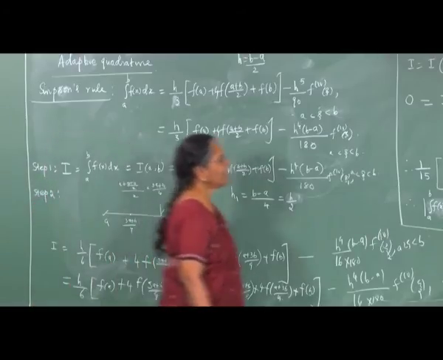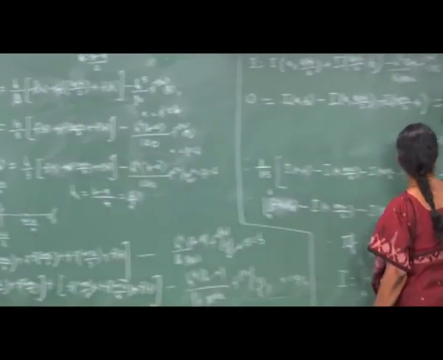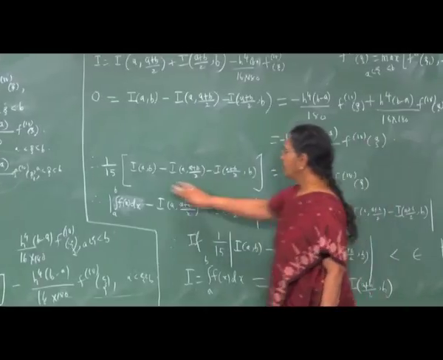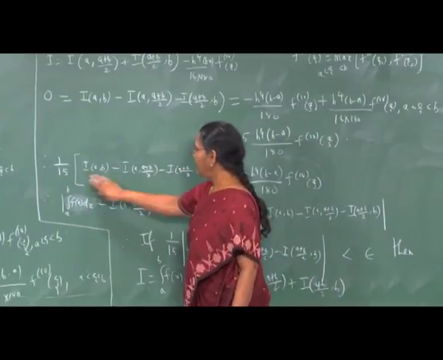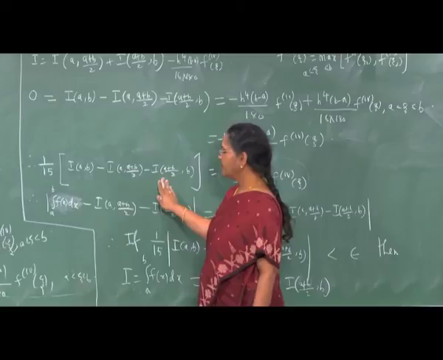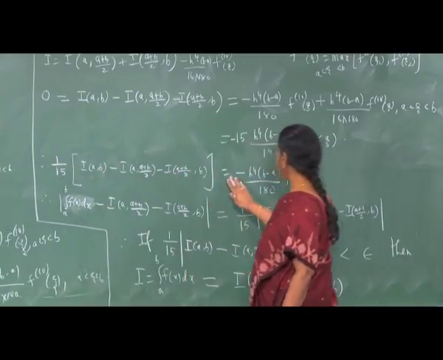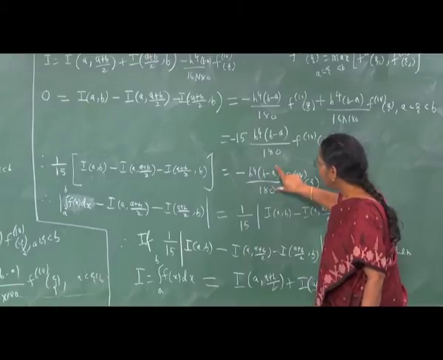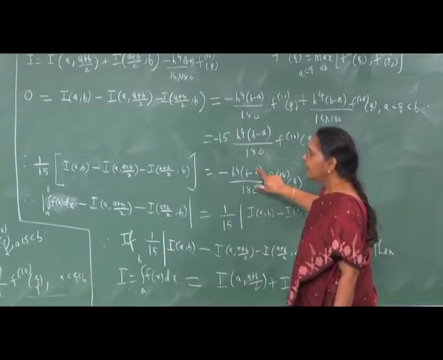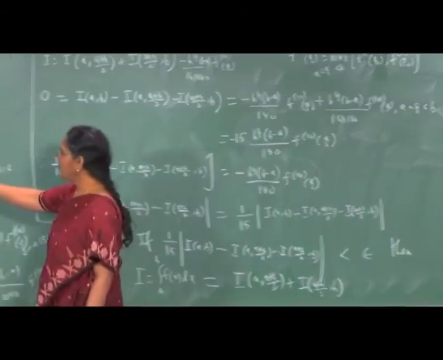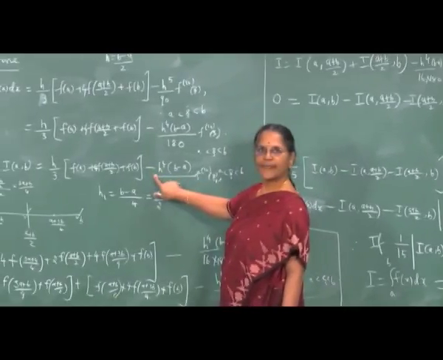And when you write down the expression for the error and compute what is the difference between I a b and this, then 1 by 15 of this gives you an error which is exactly the expression that you have over here.